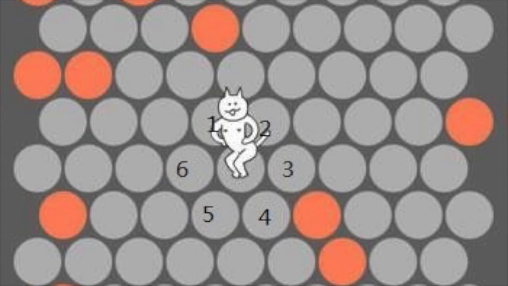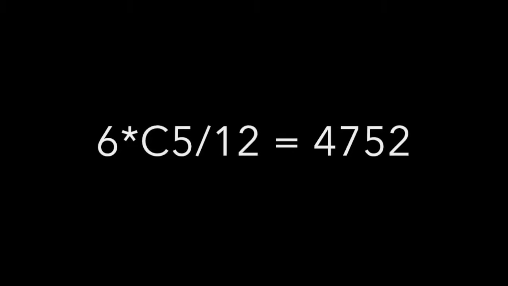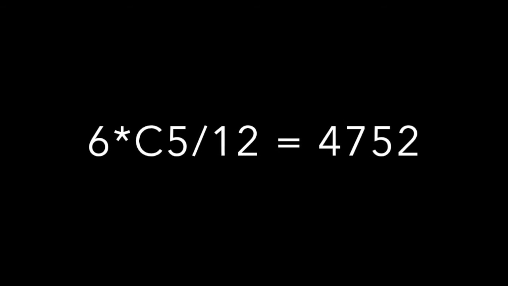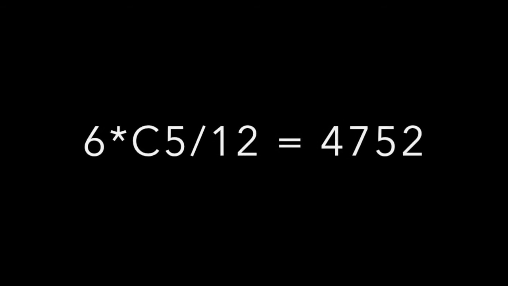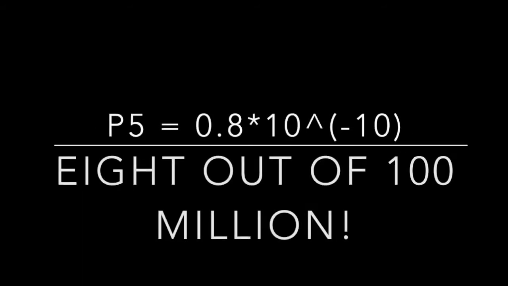Now let's calculate the probability of 5 out of 6 positions being marked red. In the 12 red points, the combination of putting 5 dots at positions 1, 2, 3, 4, and 5 is 6 times C(12,5), and the result is 4,752. So the probability P5 is approximately 0.8 times 10 to the power of minus 10, which is 8 out of 10 billion.